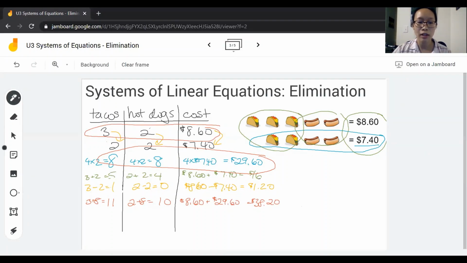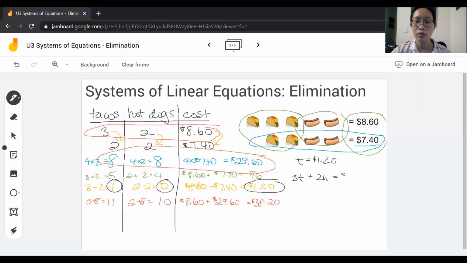The most interesting thing I find is that I know the cost of 1 taco and 0 hot dogs, and that's $1.20. So if I know the cost of 1 taco, then I can go back and substitute and find the cost of a hot dog.